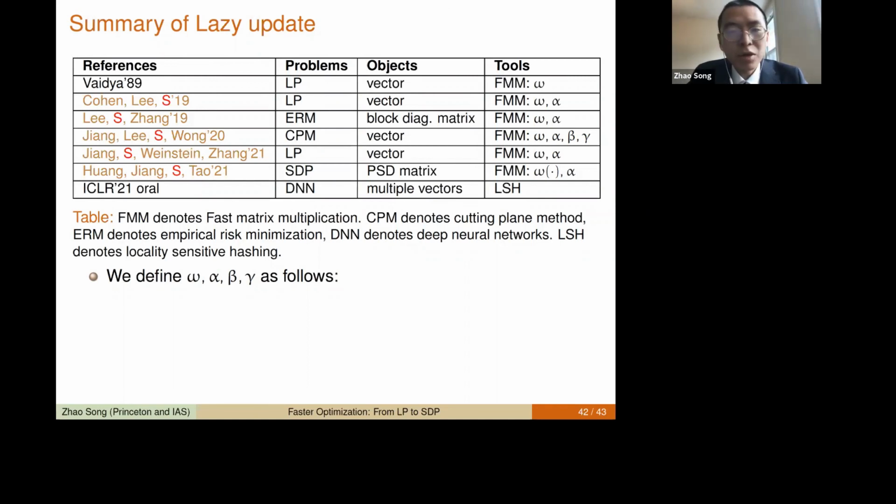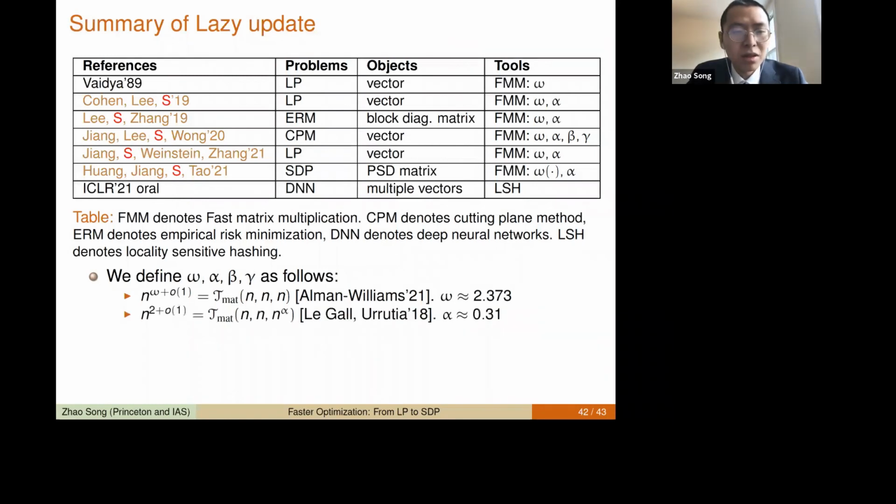All these works emphasize the importance of those parameters for multiplication. For example, omega, which multiplies an n by n matrix with another n by n matrix, and alpha, where one matrix is n by n and the other is n by n to the alpha, and the time you are allowed to take is only n square. And n to the beta, which means you are not happy with n to the small one, you only want polylog time blow up in n square.